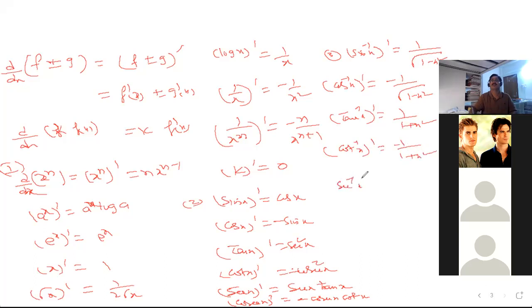Secant inverse x dash is 1 by x under root of x square minus 1. Finally, cosecant inverse x dash is minus 1 by x under root of x square minus 1. You can write the modulus also, nothing will happen. This is the difference: that is plus, and this one is minus.